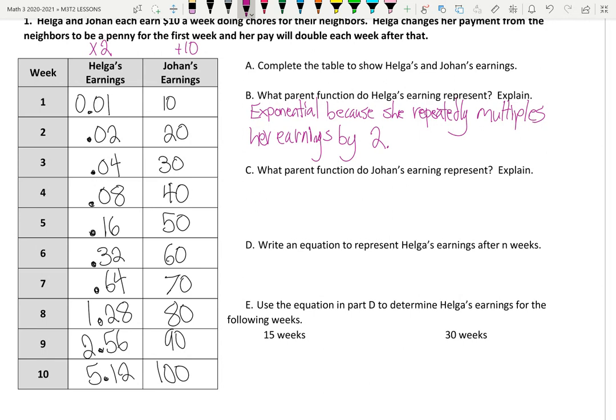The reason it's exponential is, think about it. I have 2 to the first. That's going to be 1 week. To figure out how much she made in 2 weeks, she had to multiply by 2, and so on. This repeated multiplication is what leads itself to be exponential. Johan, on the other hand, is going to be linear because it's repeatedly added.